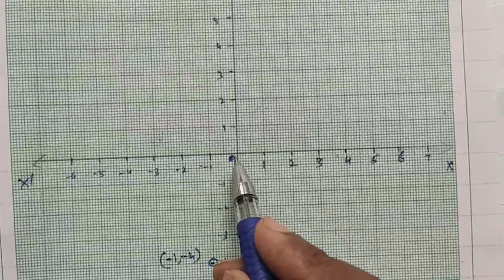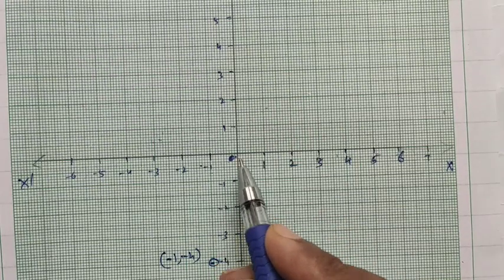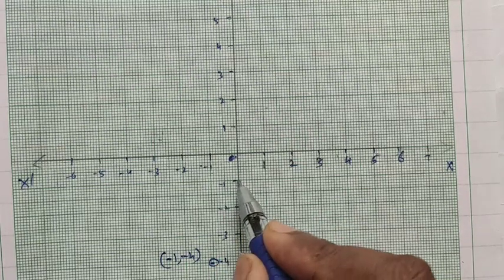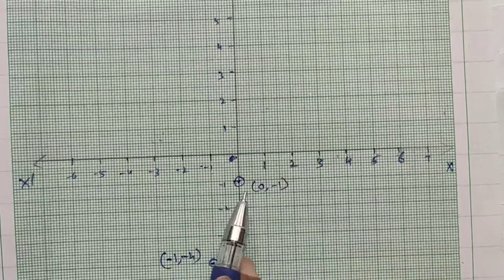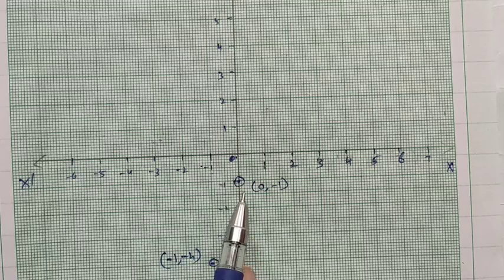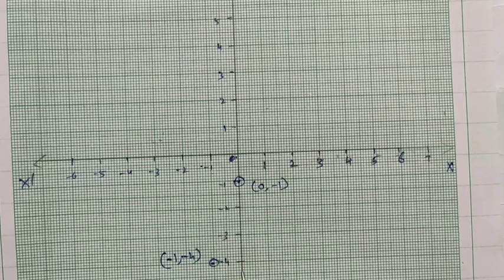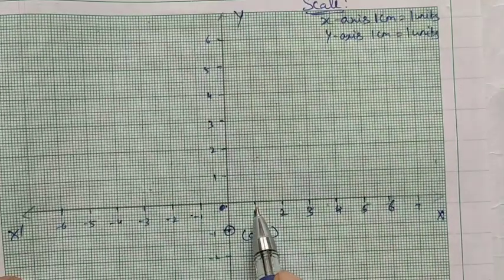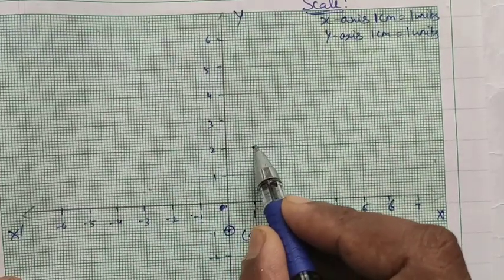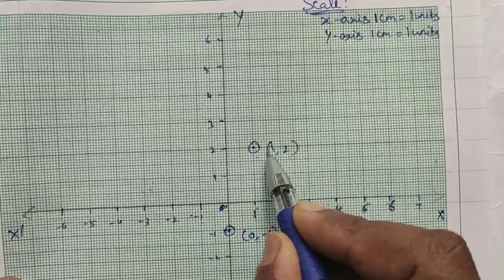The x-coordinate is 0 and the y-coordinate is -1, so the point lies here. That is (0, -1). If x is 0, the point lies on the y-axis, we know that, right? And then the third point is (1, 2). The x-coordinate is 1, the y-coordinate is 2. So this is the point (1, 2).